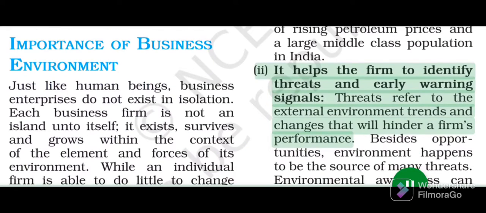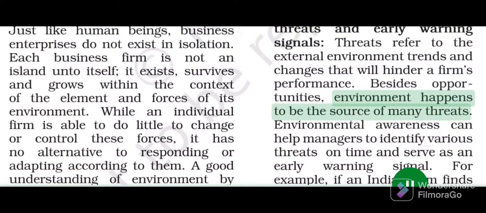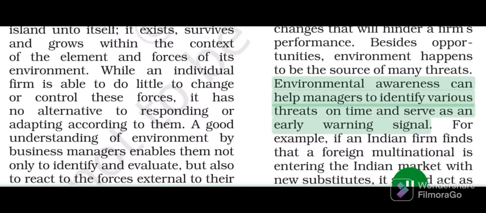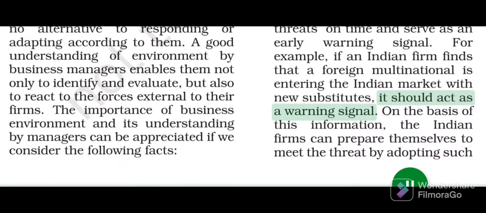It helps the firm to identify threats and early warning signals. Threats refer to the external environment trends and changes that will hinder a firm's performance. Besides opportunities, environment happens to be the source of many threats. Environmental awareness can help managers to identify various threats on time and serve as an early warning signal. For example, if an Indian firm finds that a foreign multinational is entering the Indian market with new substitutes, it should act as a warning signal.